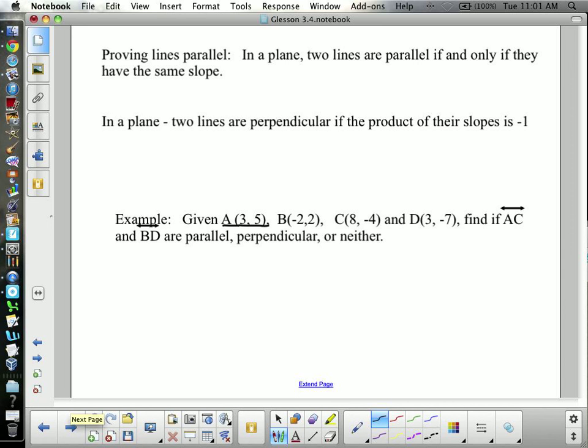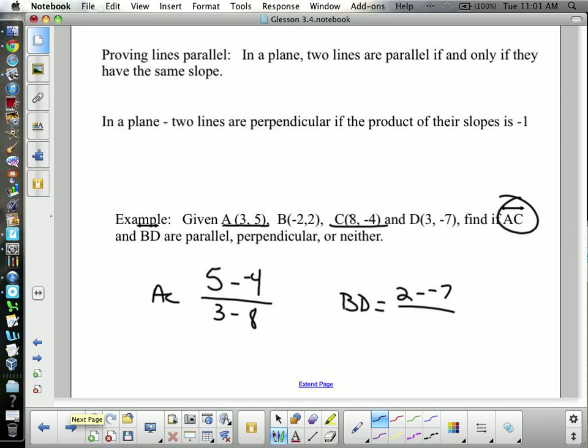Make sure you find the right lines. Slope of AC would be 5 minus negative 4 over 3 minus 8. And BD would be 2 minus negative 7 over negative 2 minus 3.